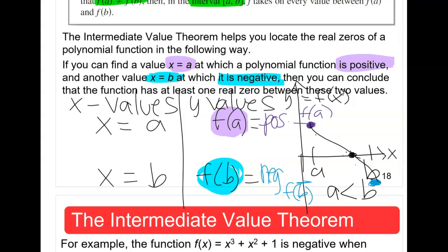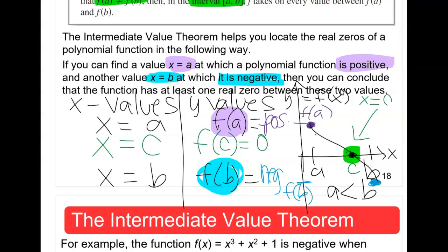Okay. So that number right there, we're going to call that c for the x value. So for x equals c, f of c is equal to 0. Meaning that it is an x-intercept, so x equals c could be a solution or a zero or a root, and it's also an x-intercept.